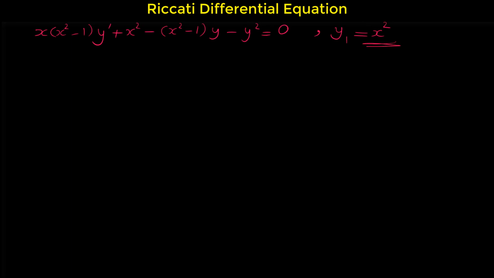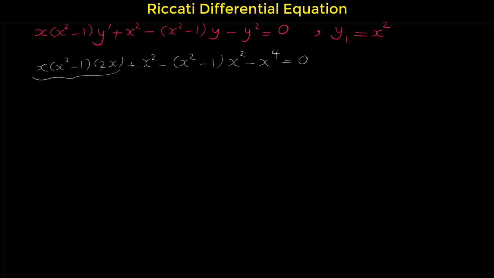First of all, you can simply check to see if this is a particular solution of this differential equation. Let me show you why this is a solution. If we take the derivative of this for y prime, the derivative of x squared is 2x. So we have x times (x squared minus 1) times 2x plus (x squared minus 1) times, again, x squared, since y is x squared, minus y squared, which is x to the 4, and it should be equal to 0.